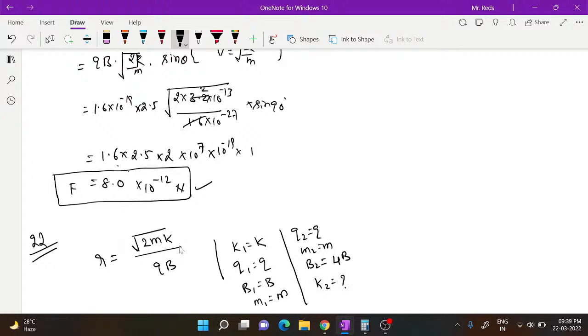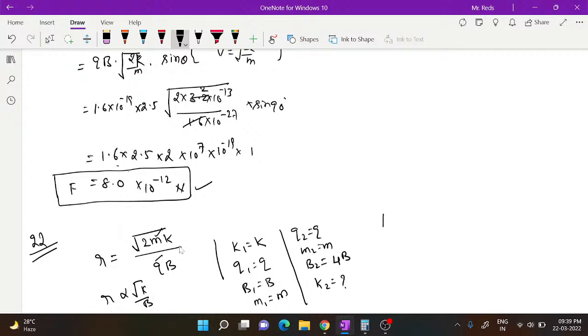So what you can understand here, Q and M are the same, and R is also the same because we are mentioning that only these are the same. So what you can say, R is proportional to root K by B, right?